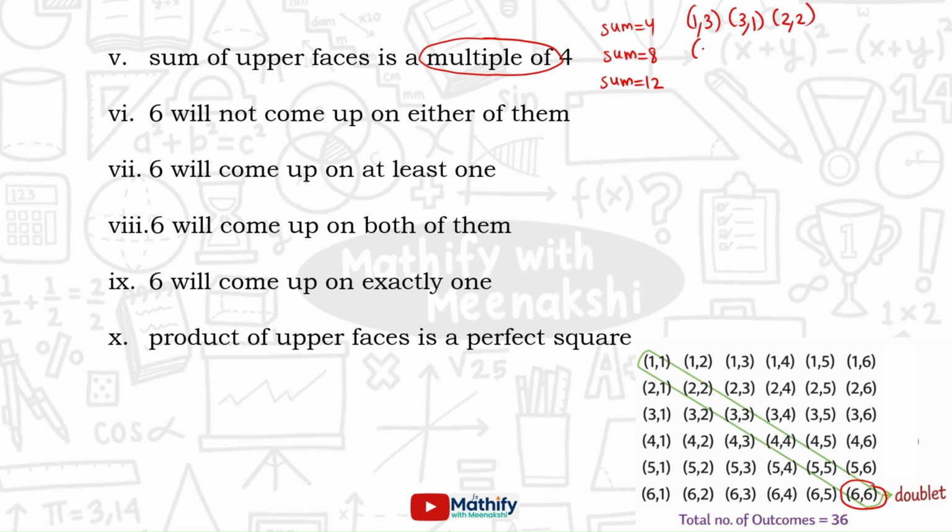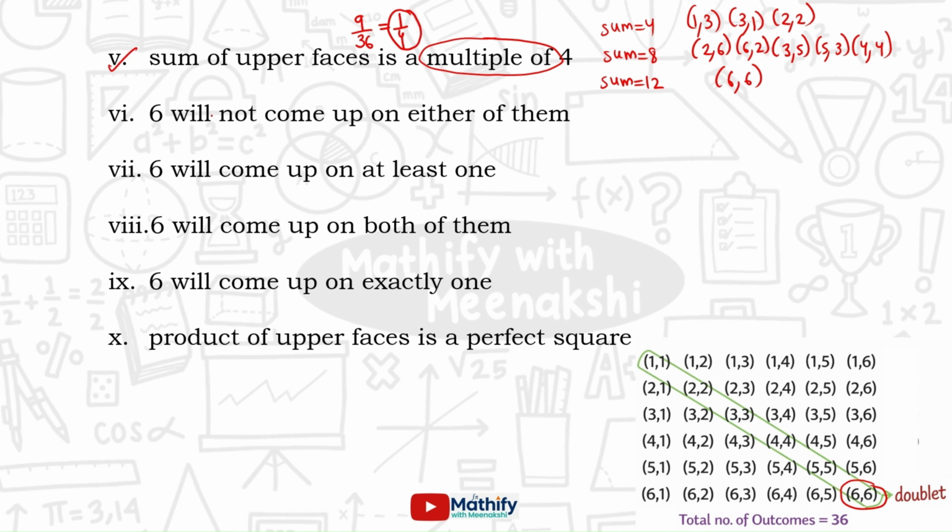For 8, we can have 2 6, 6 2, 3 5, 5 3, 4 4. For 12, only 6 by 6. So favorable outcomes are 1, 2, 3, 4, 5, 6, 7, 8, 9. That means 9 by 36. And if you cut with the table of 9, what you will get? 1 by 4.